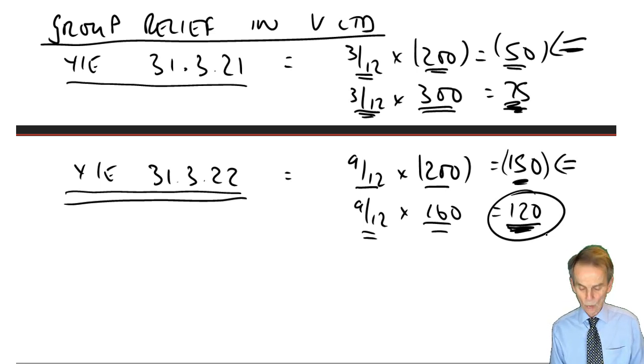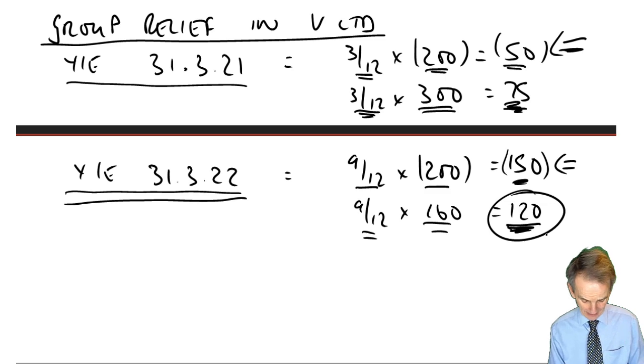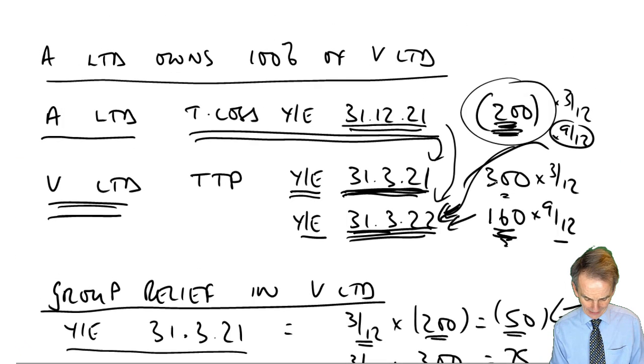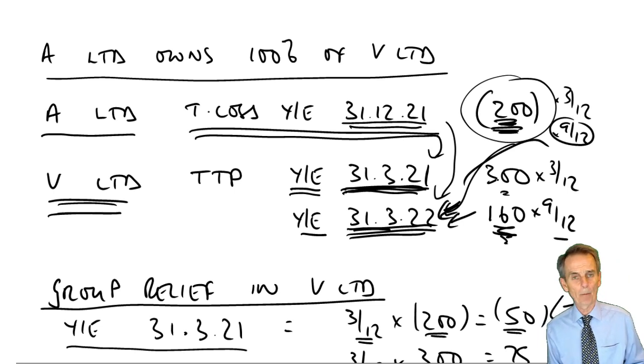What can we do with that? If, of course, it can't be used by the subsidiary company here, again, just going back, A owned 100% of V Limited. A is the loss maker. V Limited, the sub, is the profit maker. If it can't be used by the subsidiary, then it can still be used within the loss-making company itself.